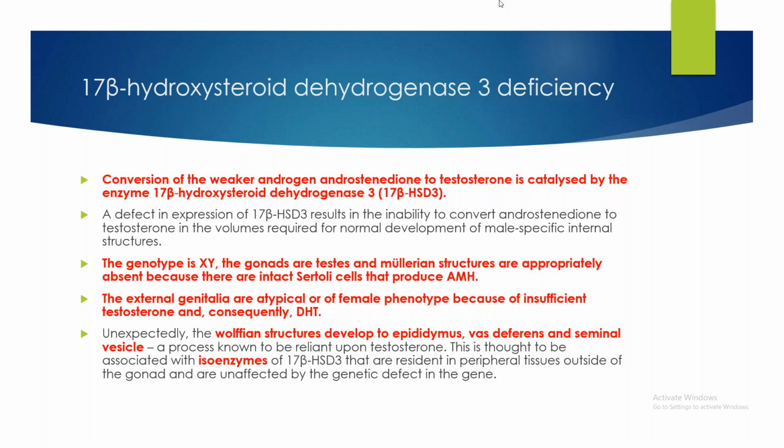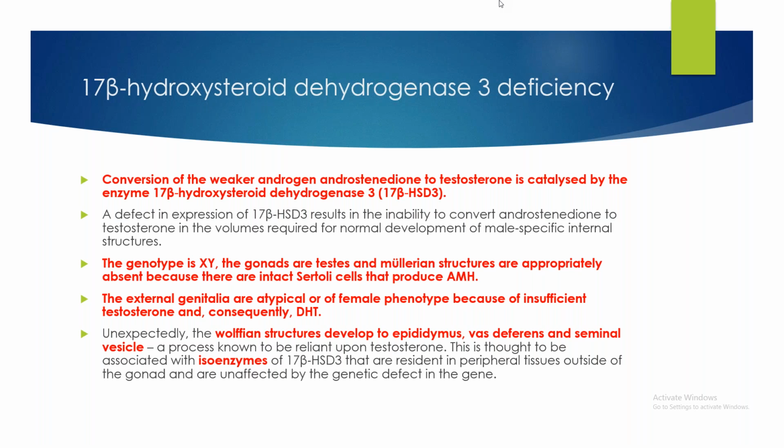These are usually of female type or atypical type, or ambiguous. But what happens here? The Wolffian structures develop even if there is insufficient testosterone, and the other internal genitalia will develop into epididymis, vas deferens, and seminal vesicles. Why?